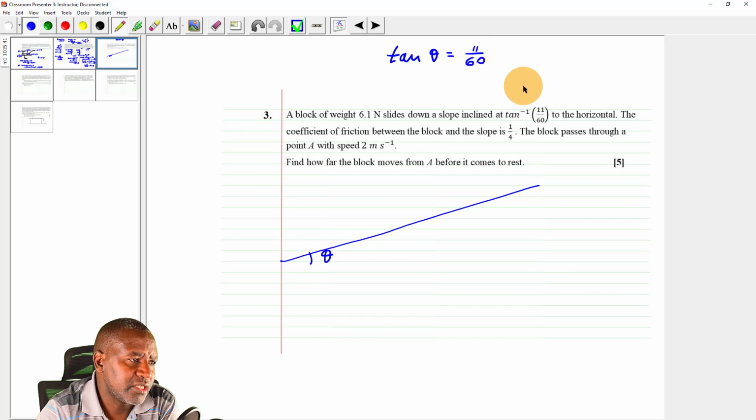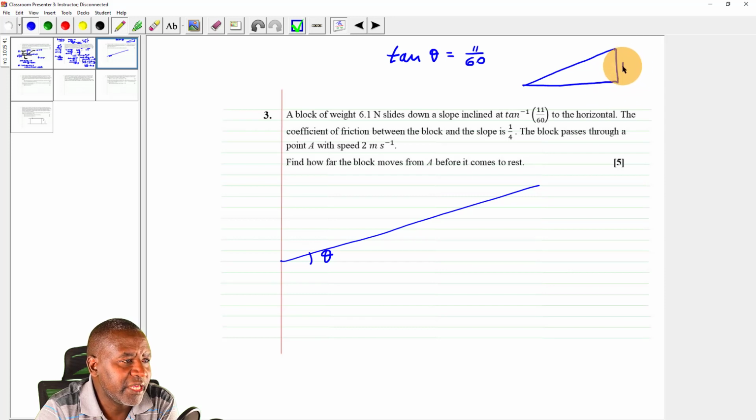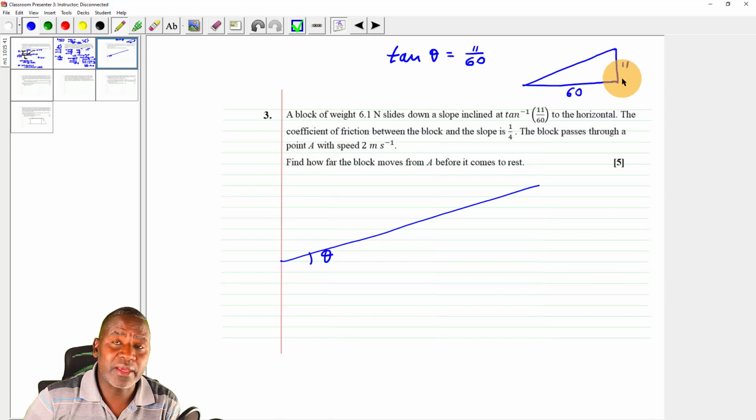This will be 11 because it's the opposite, and 60 will be here. Let me see whether I can get the hypotenuse. That will be 60 squared plus 11 squared, and then I get the square root of that answer.